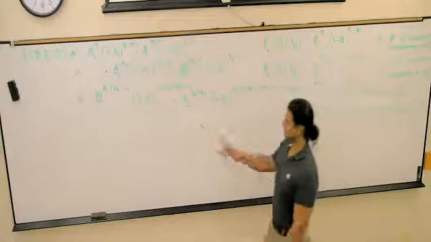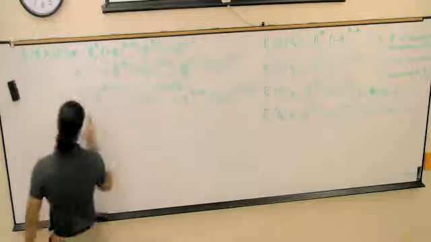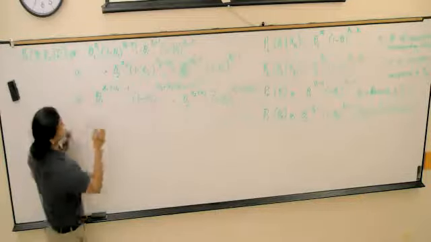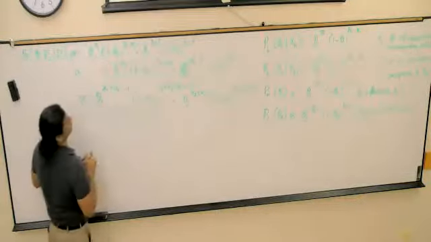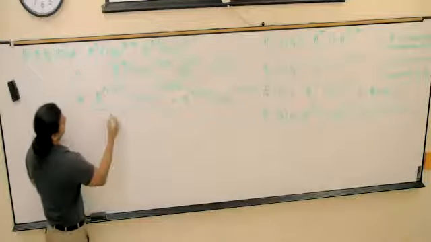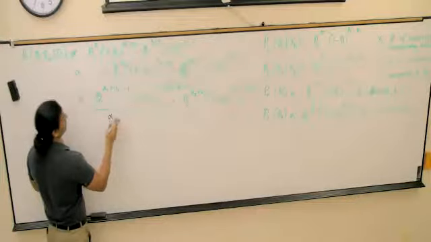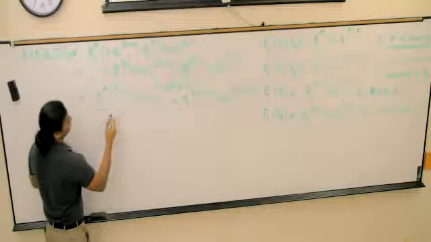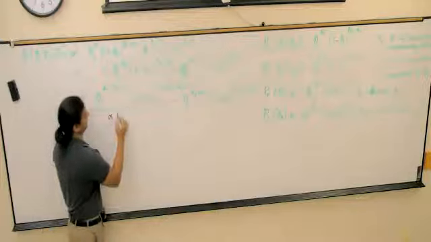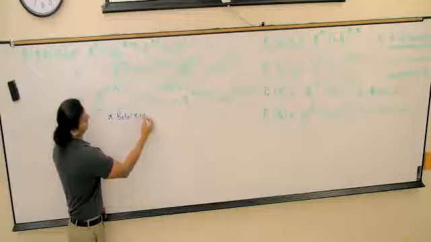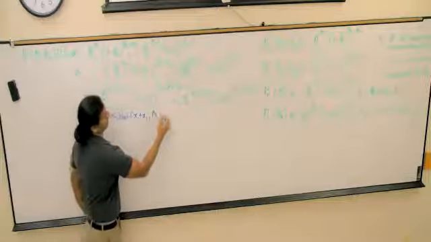What does that look like? Another distribution. So proportional to what distribution? Beta: beta of x1 plus a1, n1 minus x1 plus b1.